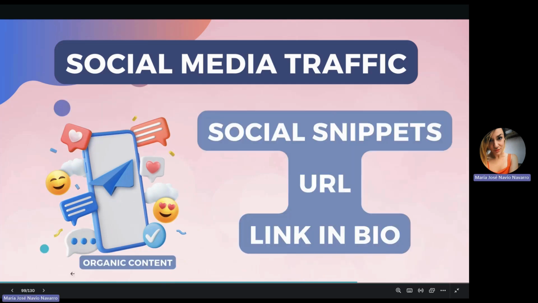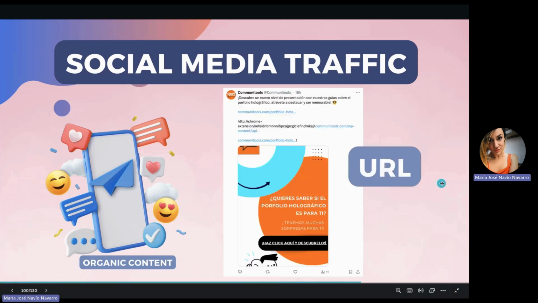So let's talk about organic content on social media, even if we have given some spoilers before in organic traffic, because this organic content allows us to generate traffic from social media to our website through three different kinds of options, okay? Social snippets, URLs, and links in bio.